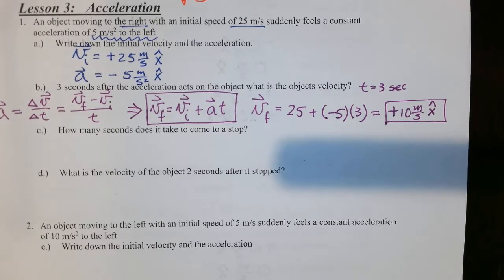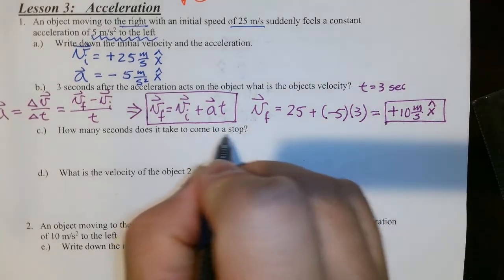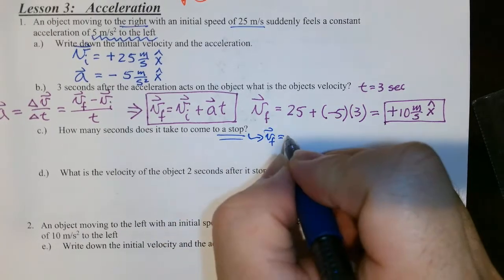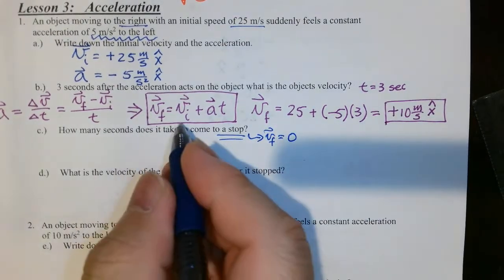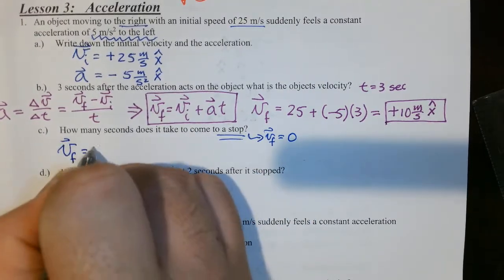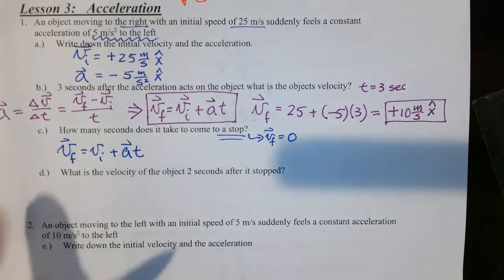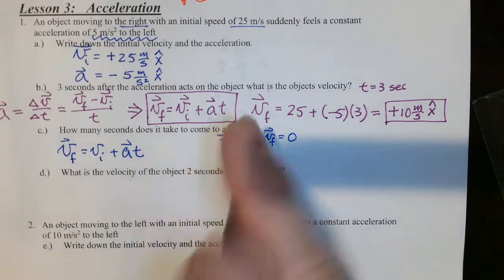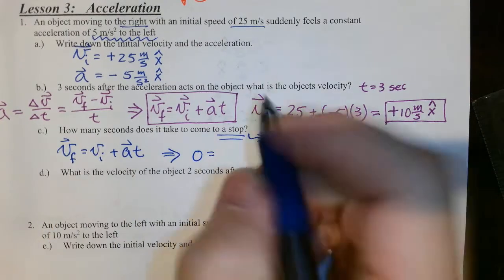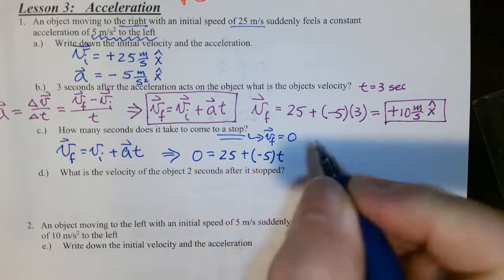So how many seconds does it take to come to a stop? Well, when it comes to a stop, we know my final velocity at that exact moment is 0. Utilizing the same equation that we developed earlier, Vf is equal to Vi plus At, we consider Vf to be 0. So 0 is equal to Vi, which is 25 again, plus negative 5 times t.